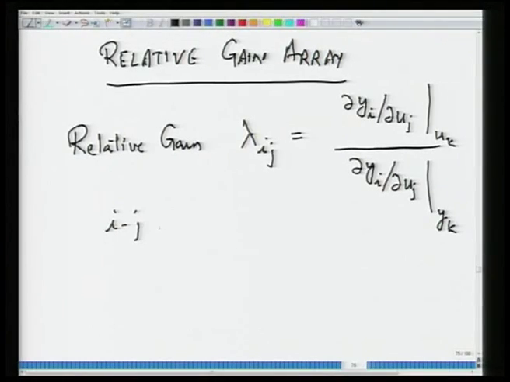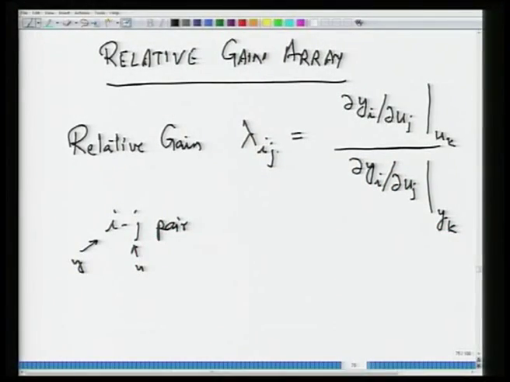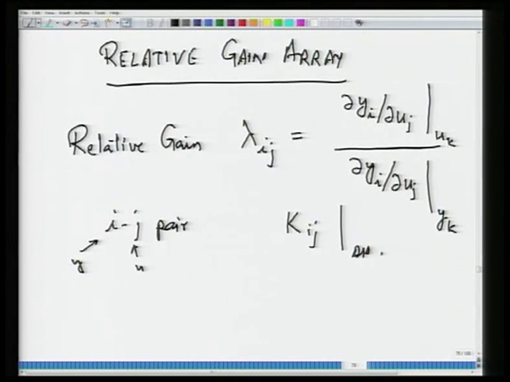If you want to understand it in plain English, what you are saying is, if I look at the ij pairing, where i refers to output, j refers to input, then the definition of relative gain is what is the gain that this pairing sees with all other loops open.